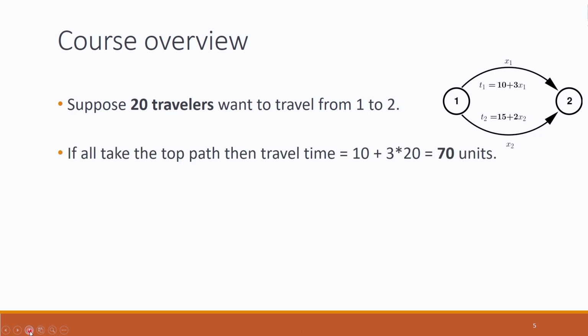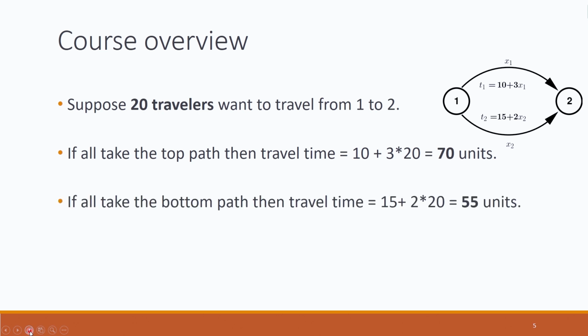So let us consider one possibility. Suppose that all the travelers decide to take the top path. So in that case, the travel time that will be experienced by all of the travelers will be equal to 10 plus 3 times 20, which will be 70 units. Now let us consider another possibility. Suppose everyone decides to take the bottom path, that is x2 is equal to 20 but x1 is equal to 0.